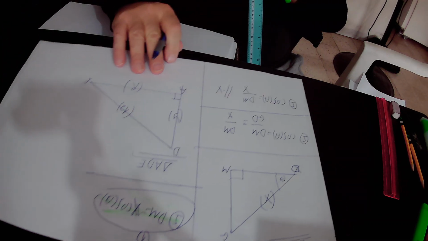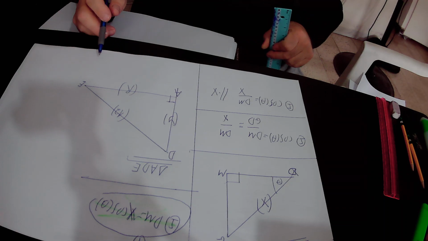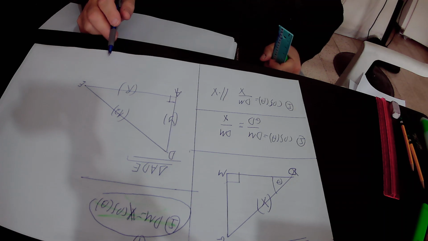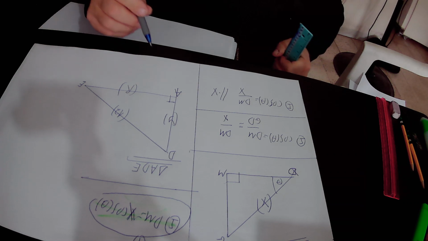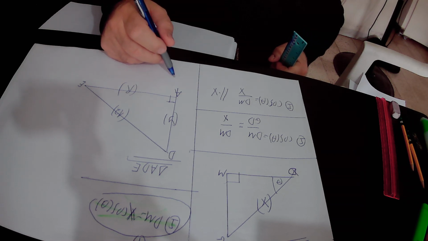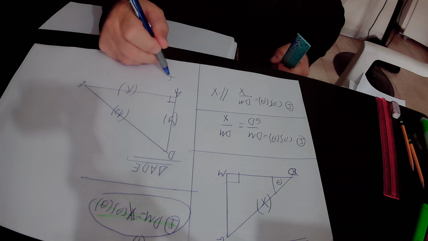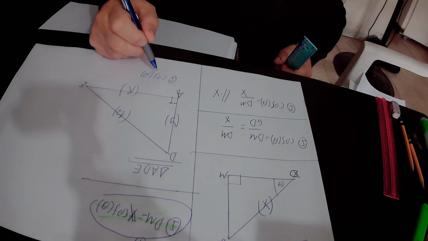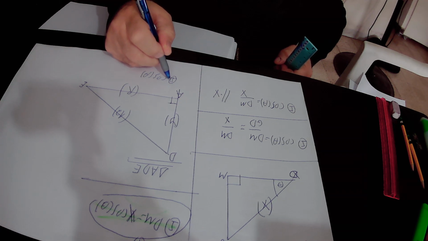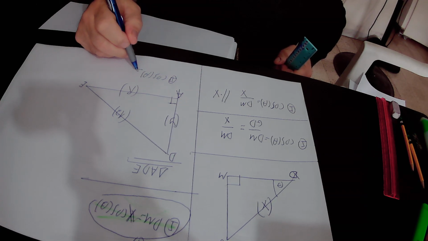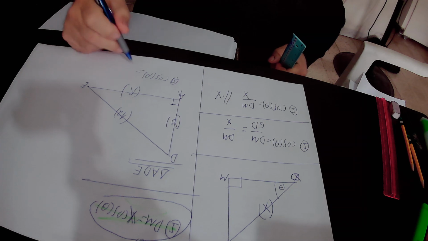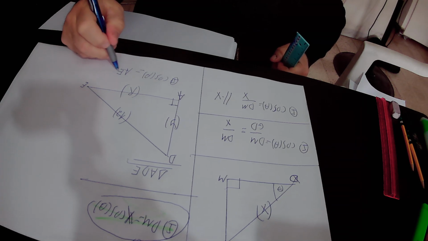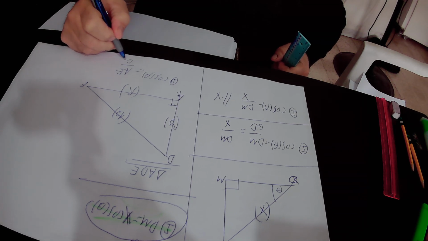So actually, this is the right triangle ADE that I got from the original drawing. In this right triangle ADE, this will be equation 2, cosine theta equals AE over DE.